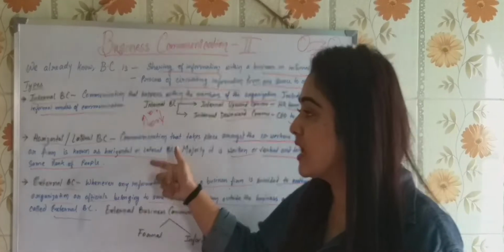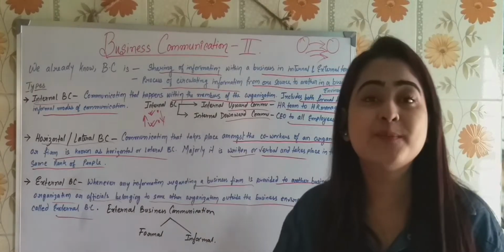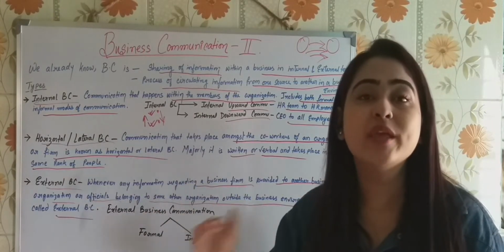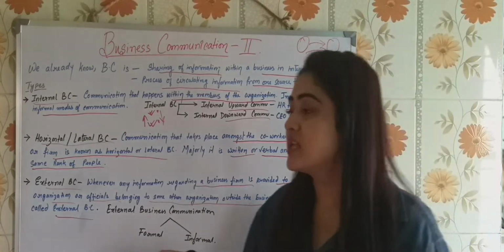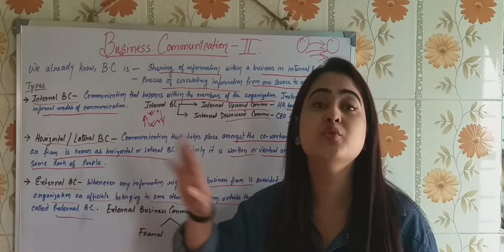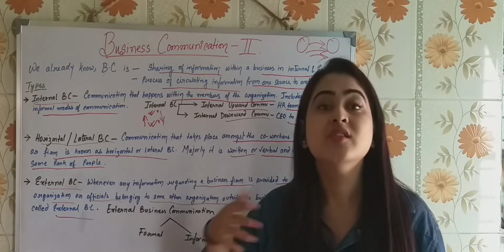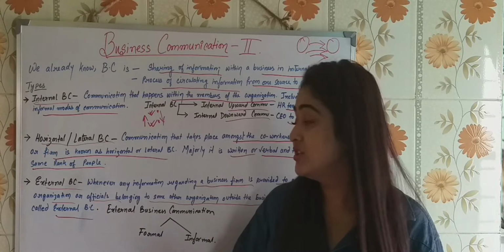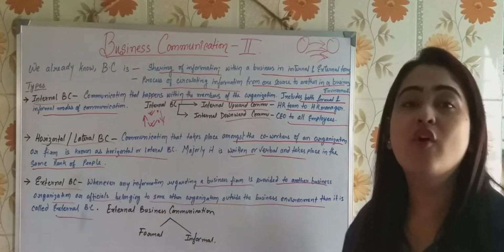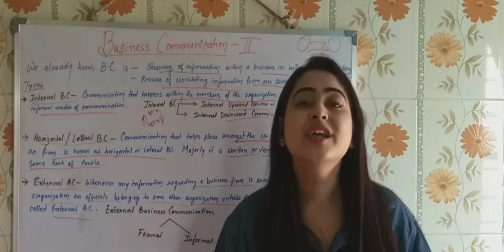Other than this, the second type is horizontal or lateral business communication, which takes place within the same rank of people. And the last one is external business communication, the business communication taking place between two different business organizations outside the business environment. That can again be done formally and informally. So this was the whole discussion that we did in today's video.